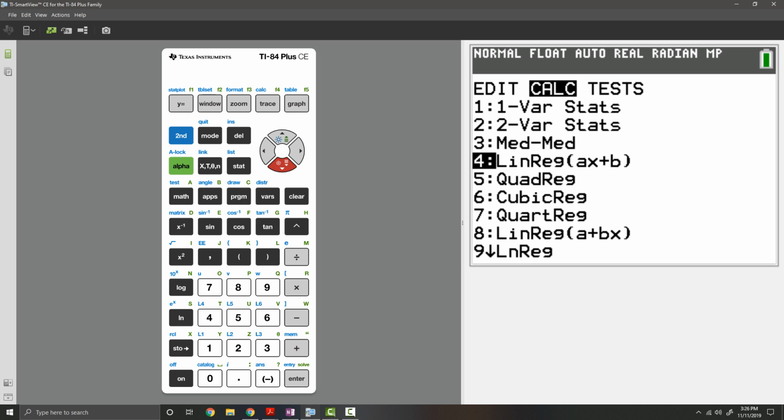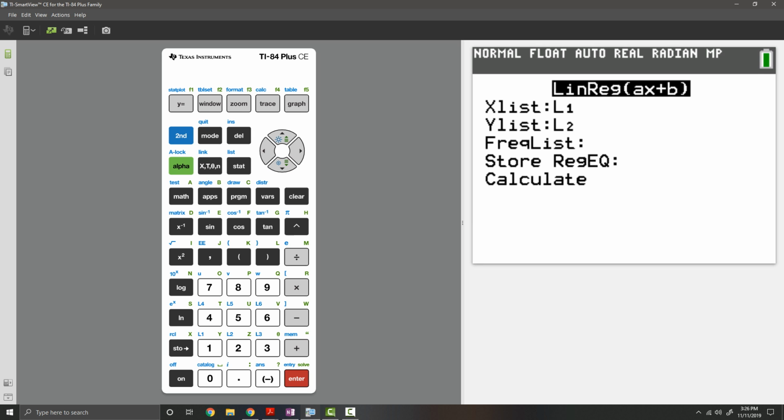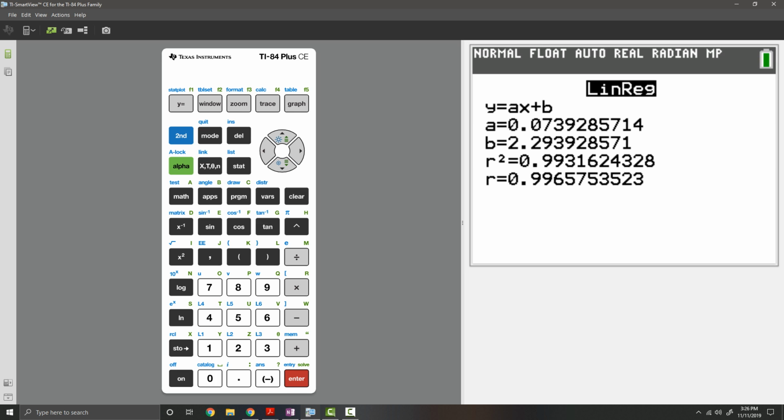Just notice the difference is A in this form is slope, where a in this case would be your y-intercept, right? So those are in a different form. That's how you can use your calculator to find each of those.